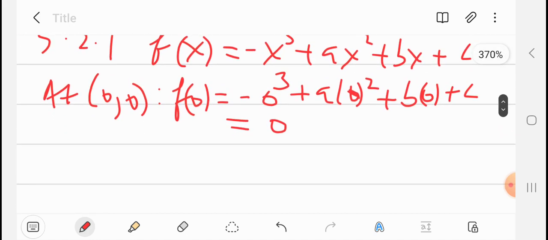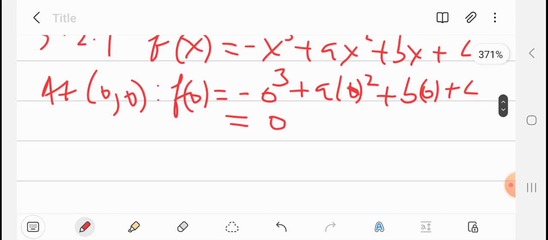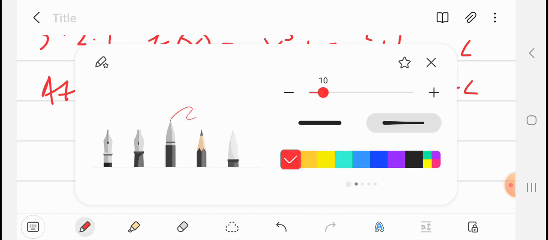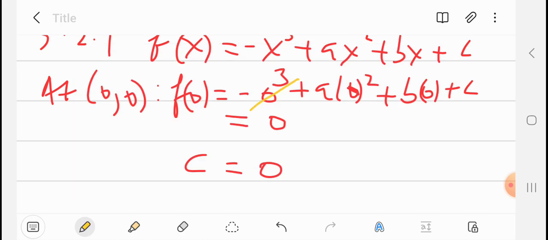And what we're getting out of these is that c is equal to 0 because the rest of all these disappear completely. So this will become 0, that becomes 0, and that becomes 0. We're therefore left with c equals 0. So we have therefore found the numerical value of c.